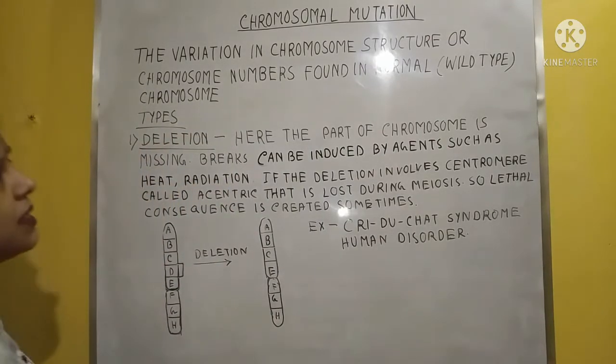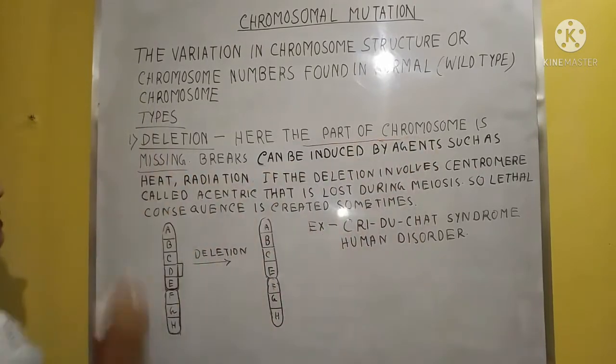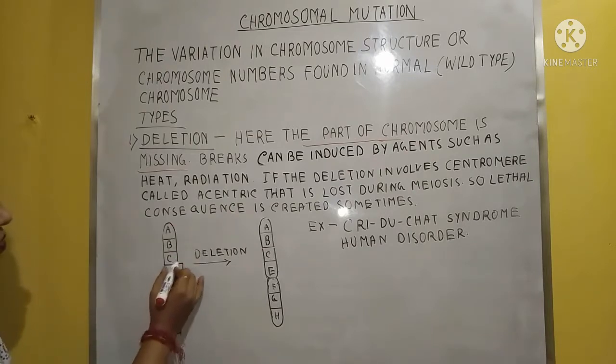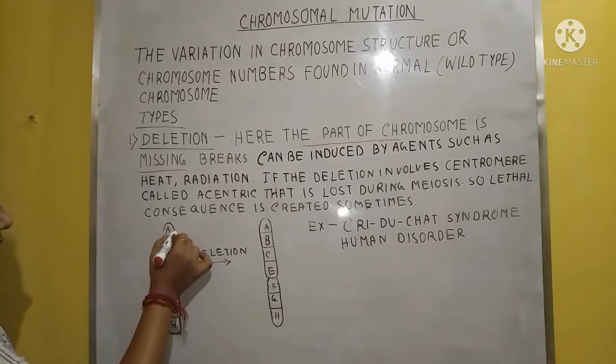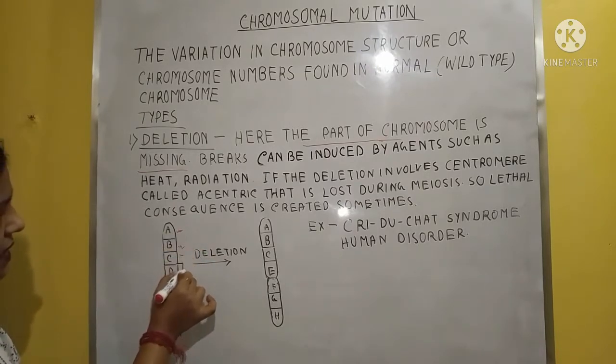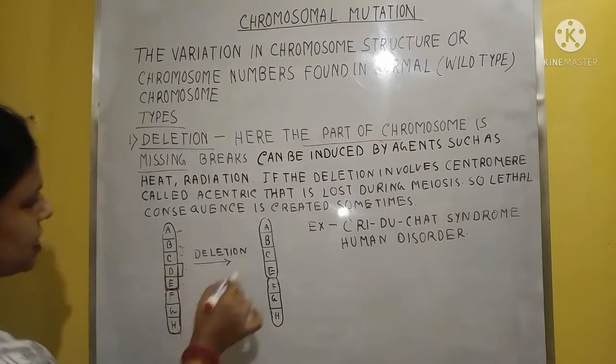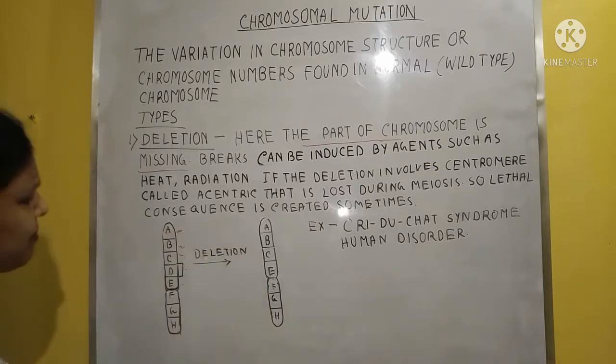Deletion is when a part of the chromosome is missing. Here, part of the chromosome is missing. Here is a chromosome, you just imagine, and there are the parts A, B, C, D, E, F, G, H. And the deletion process is happening here.